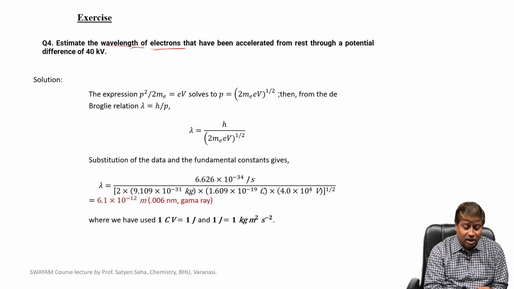Electron is a particle, so what will be the wavelength considering the de Broglie equation? The wavelength will be 1.6 into 10 to the minus 12 meter. That means it belongs to the gamma radiation, so this electron will behave like gamma radiation.